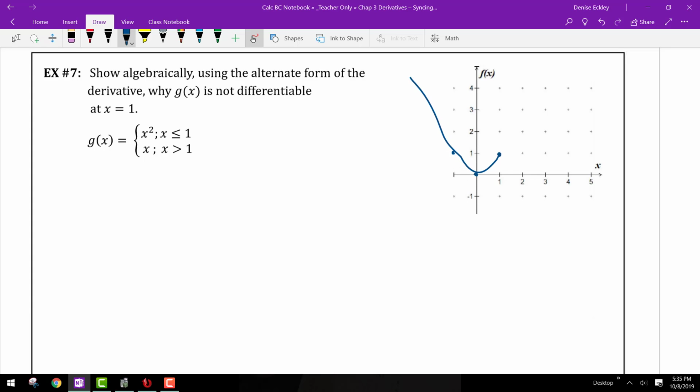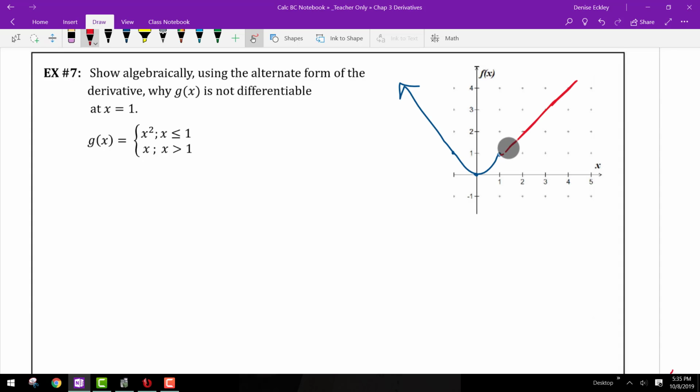So we have our parabola like that. If I can draw it a little nicer. There we go. Okay, and then we have the line x. So it would be here, and then here, and then here.